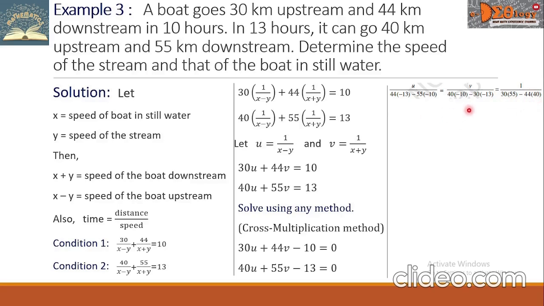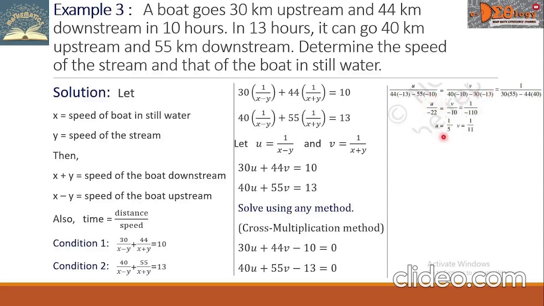When we simplify the corresponding denominators, it becomes u over negative 22 equals v over negative 10 equals 1 over negative 110.